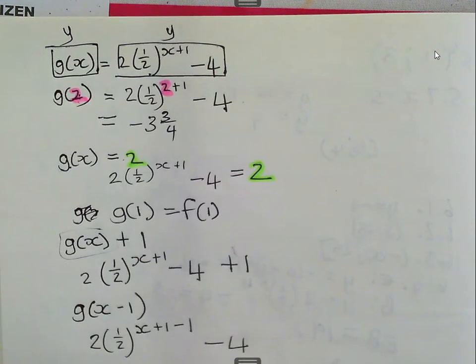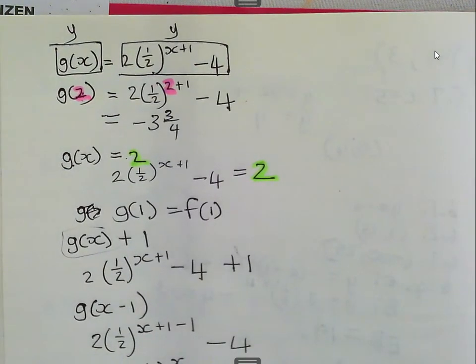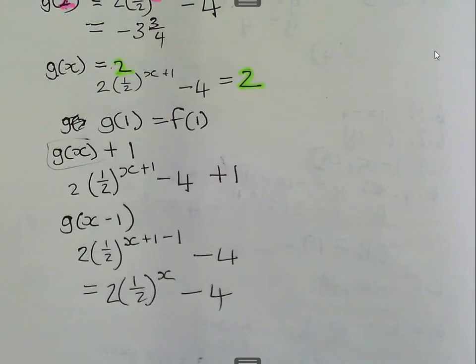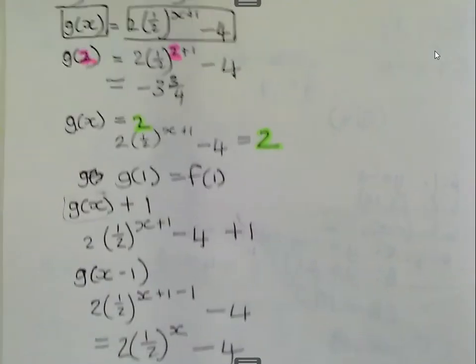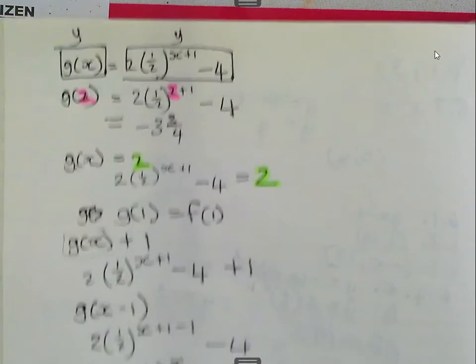And it would be 2 times a half to the power of x minus 4. That would be what happened. Do you understand the language? You must remember this. Okay, this is just the language.